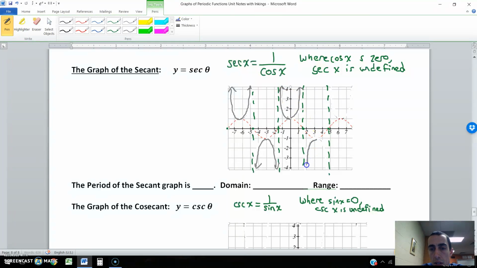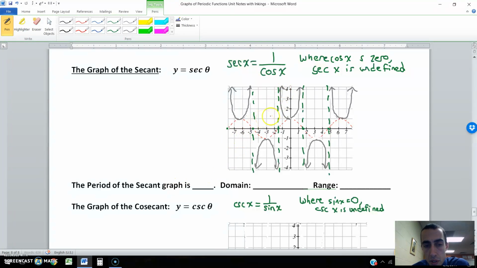You see that? All the way along. And so we're going to have an infinite number of such curves because the cosine graph goes infinitely in both directions.